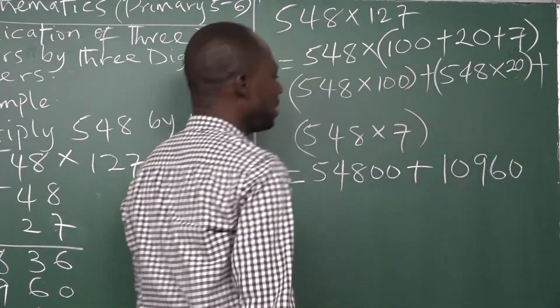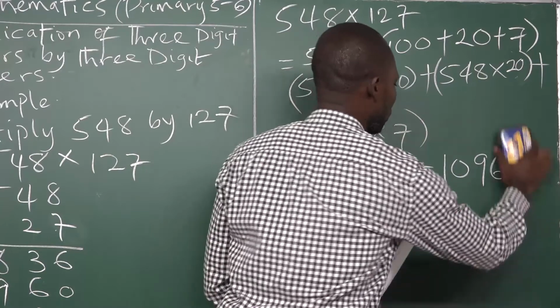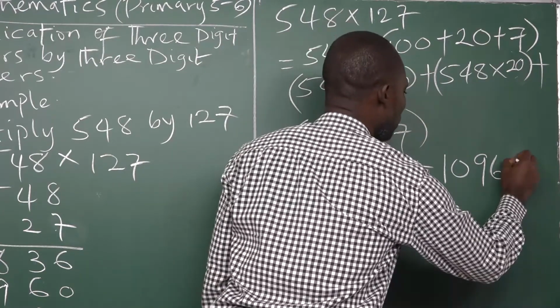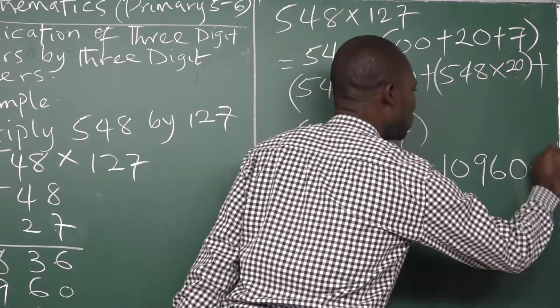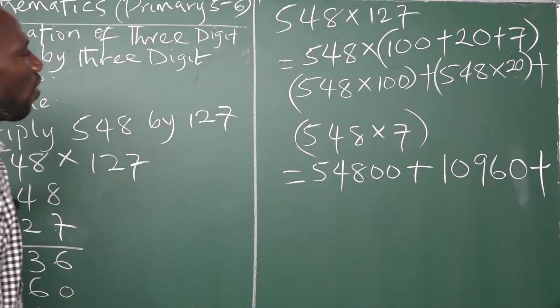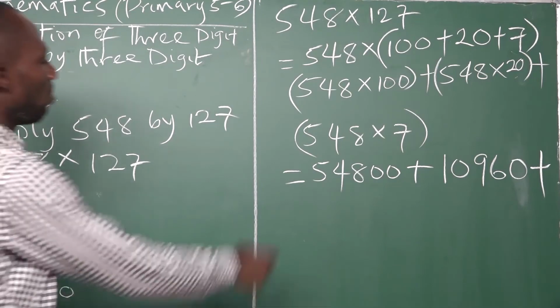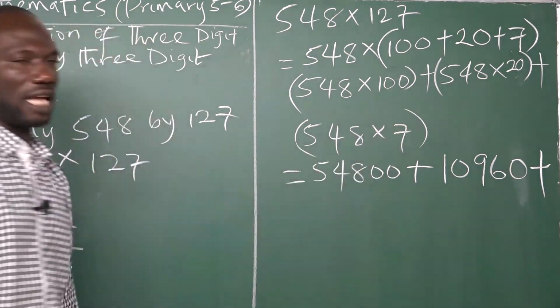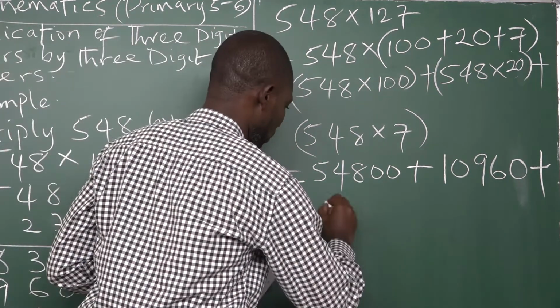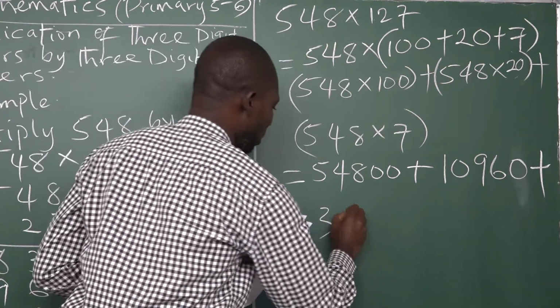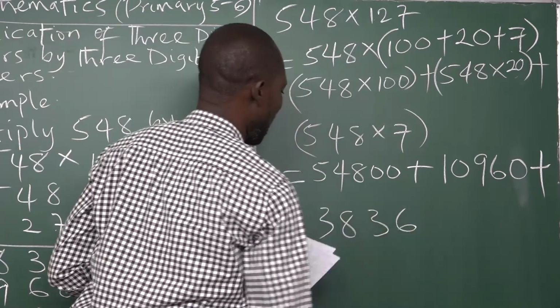That is 10,960. And then plus 548 multiplied by 7 that we have here, which will give us 3,836. That is 3,836.